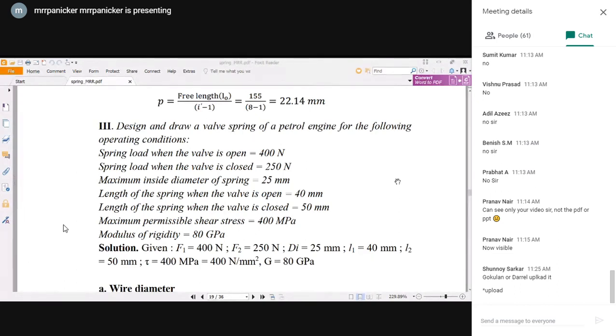You can have another wire diameter table, that is page 195. The wire diameter is also in table 11.3, 2538.